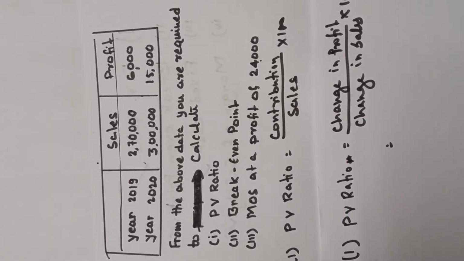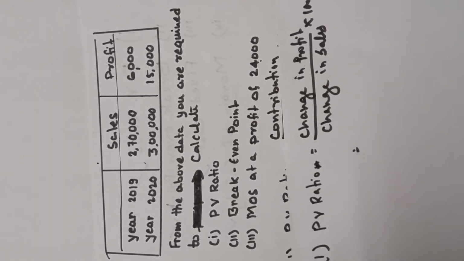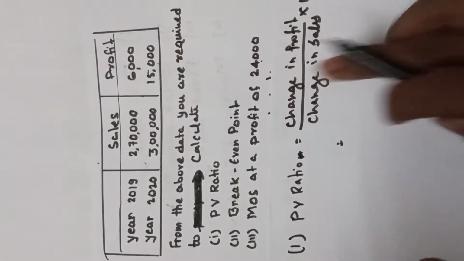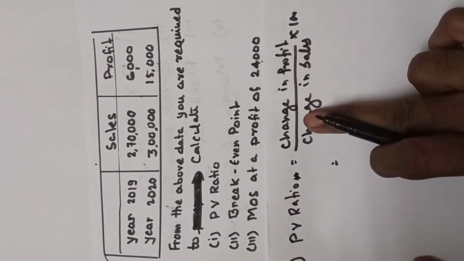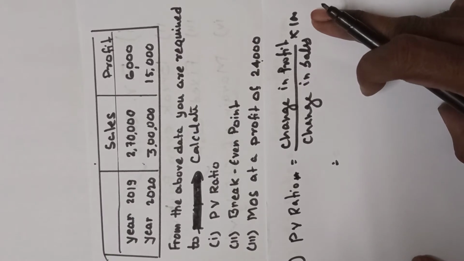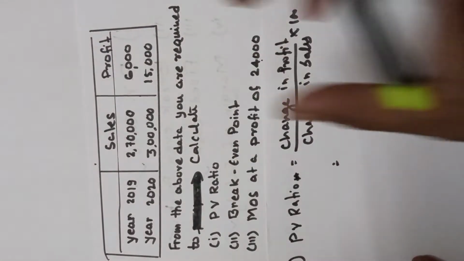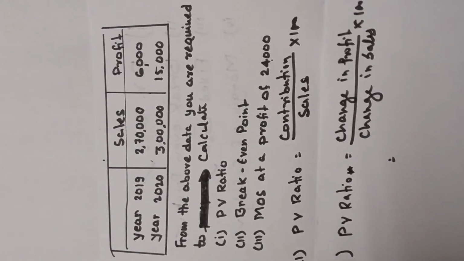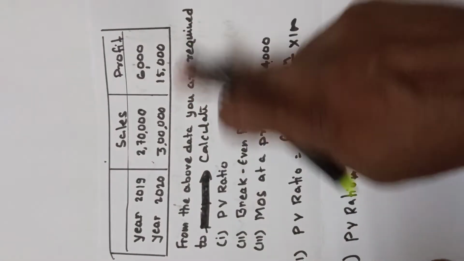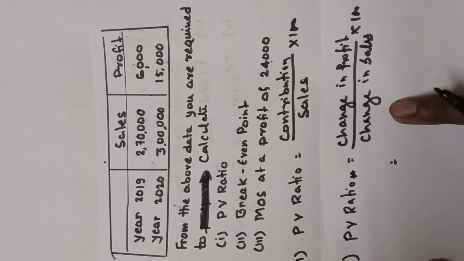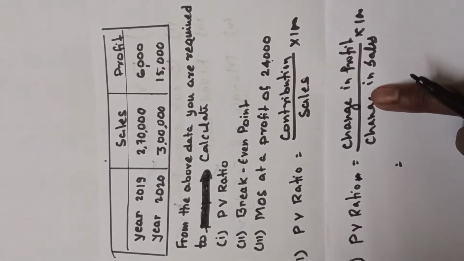If the sum is given for one year, use that formula. When two years' data is given, you have to change the formula to change in profit and change in sales. Simple funda. Have you understood that?